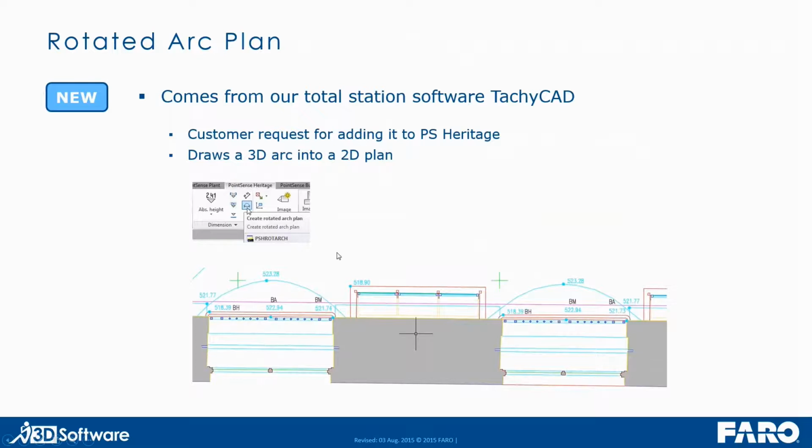I don't know if it's a condition worldwide, but in Germany and in Austria and Switzerland we do have this requirement for ground plans of historical buildings. So that's why we included this tool in PointSense Heritage.